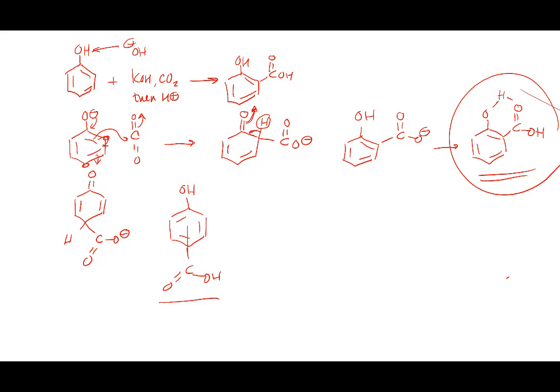And the advantage of this is you take a phenol and you basically convert that phenol into what is now salicylic acid. The only other source of salicylic acid that's probably popular would be to go and rip off the bark of a bunch of birch trees.